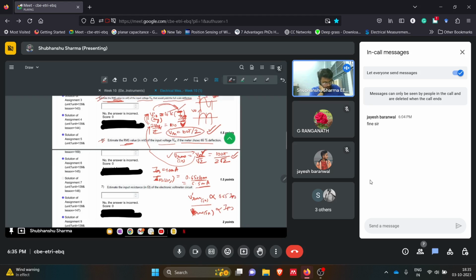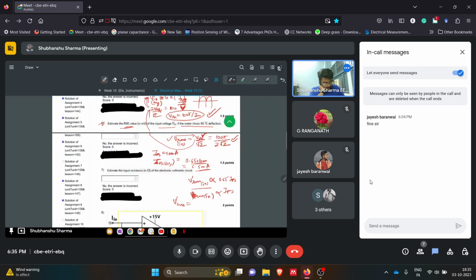So we will get the new RMS voltage to be 0.65, because this will get cancelled, into the old VRMS, that is 0.65 into this value, 100 pi by 2 root 2.